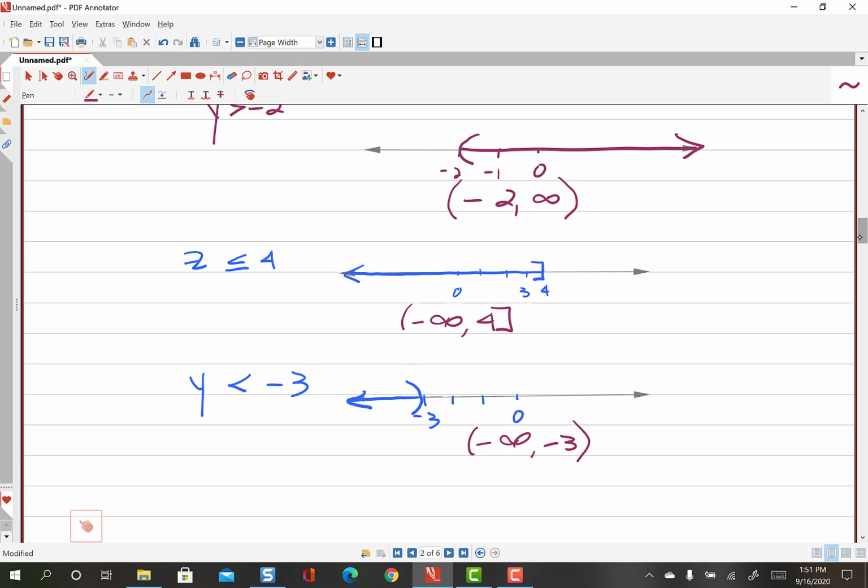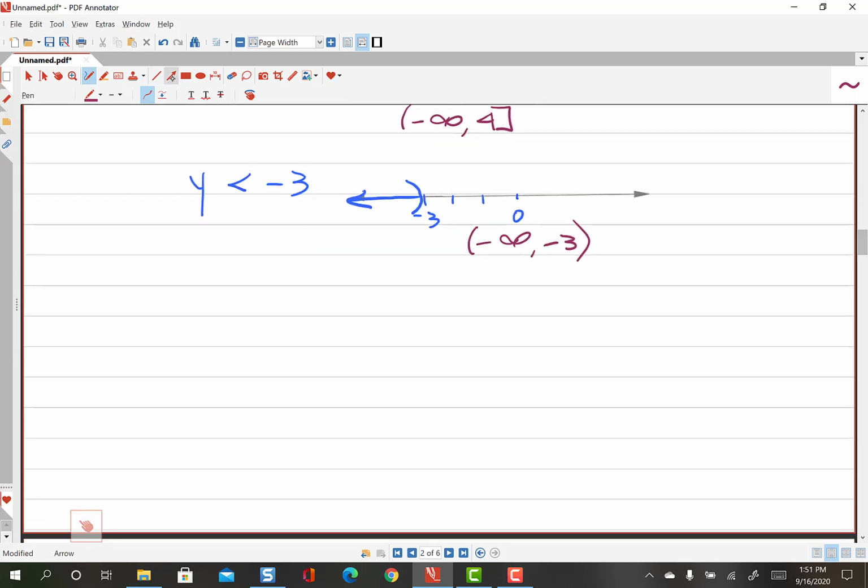Okay, so let's try one other thing here. Let's say you're given the picture. Can we write the interval notation and maybe the inequality that goes with it? So for instance, let's say I had something that looked like this. All right, let's say this is 0, 1, 2, 3, 4, 5, -5. So the picture you're given is this. This is the part that is given.